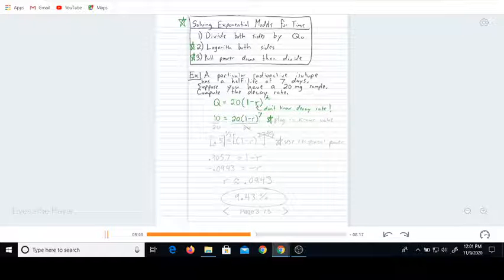So what we just did here is plug in a known value. If it has a half-life of 7 days, we know that when time equals 7, quantity equals 10, and then we can go ahead and solve this. We'll divide both sides by 20. So that's 0.5 equals 1 minus r raised to the 7.